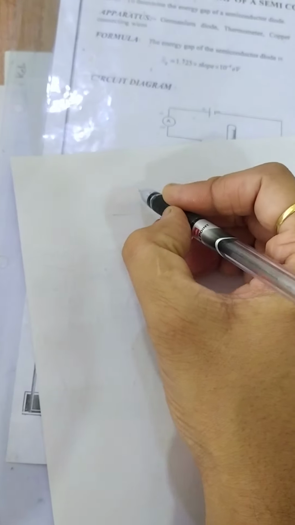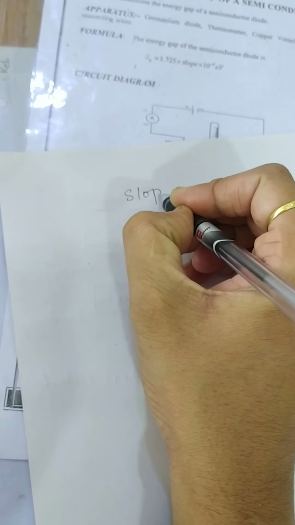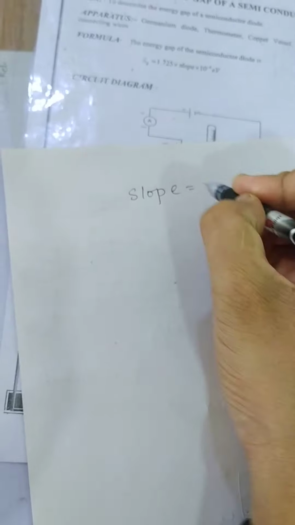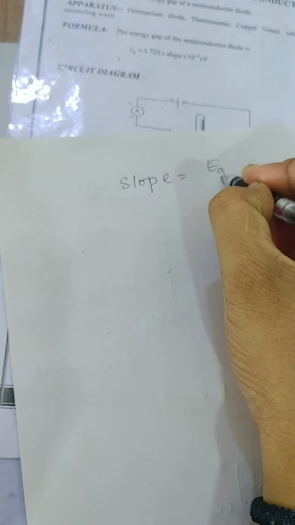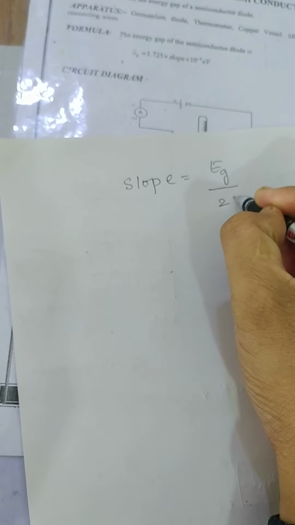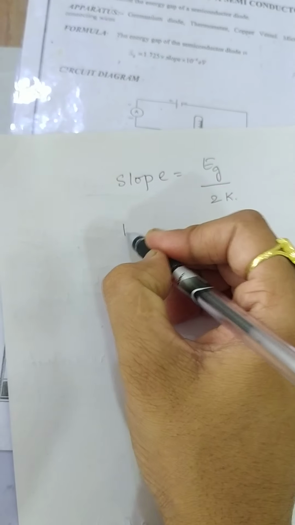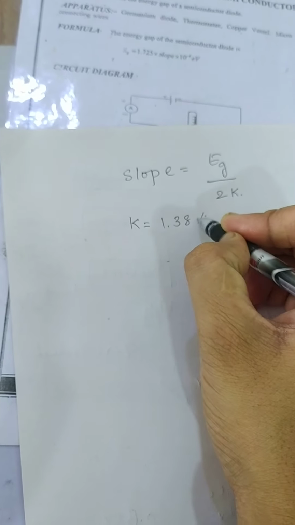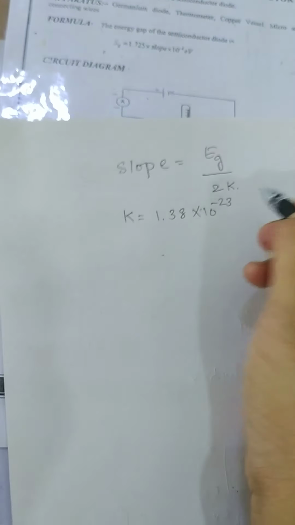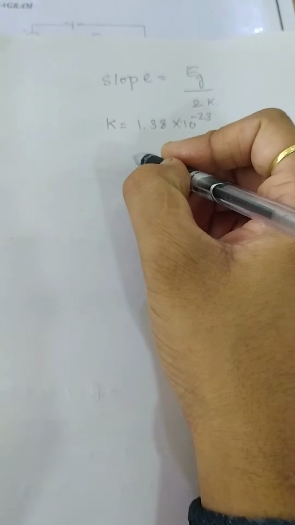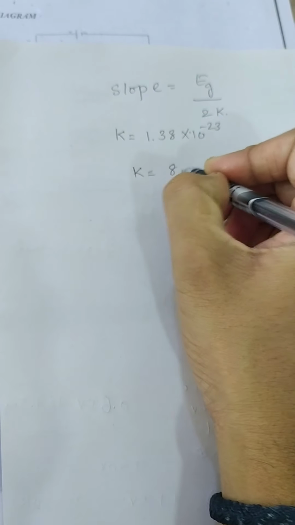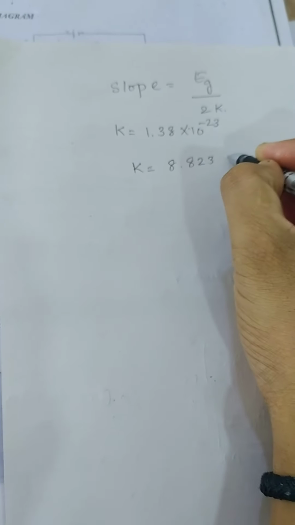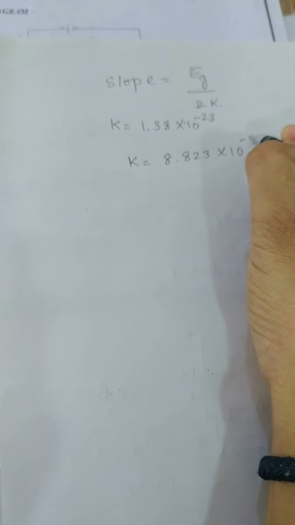From that equation, the slope is equal to Eg divided by 2K, where K is the Boltzmann constant, 1.38 into 10 to the power of minus 23. In terms of electron volts, the K value is approximately 8.823 into 10 to the power of minus 5 electron volts.